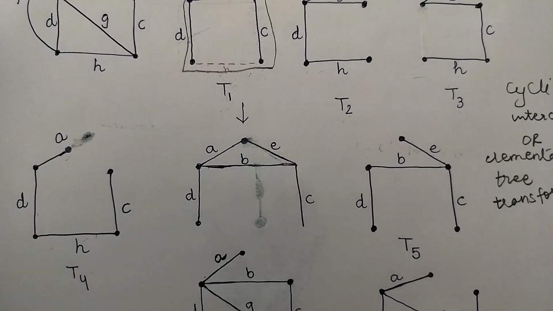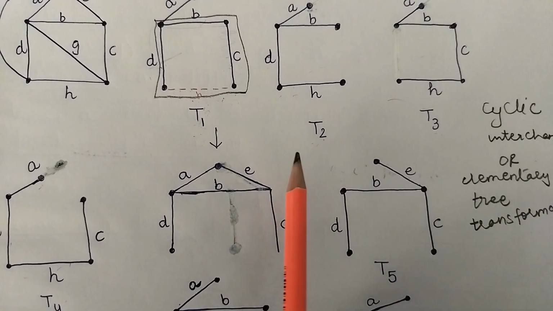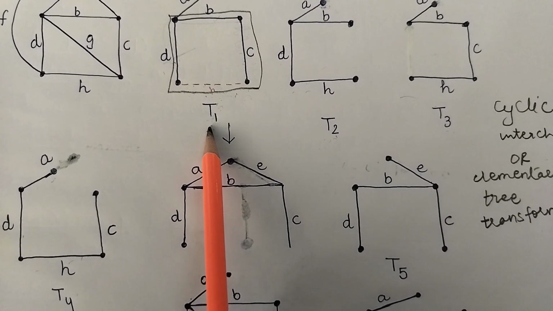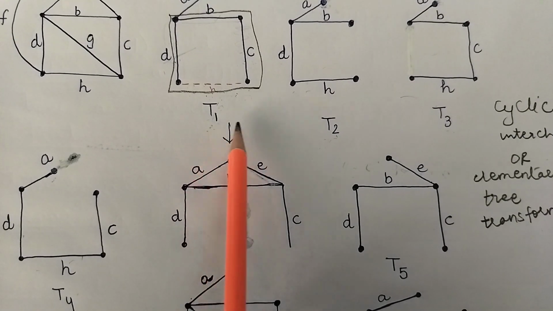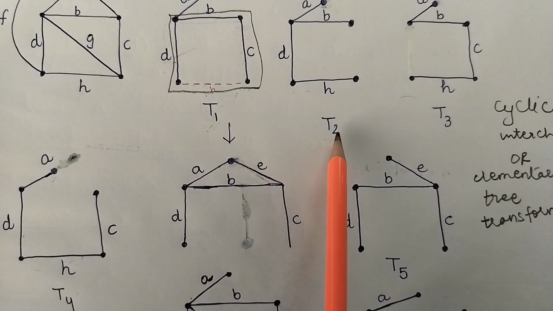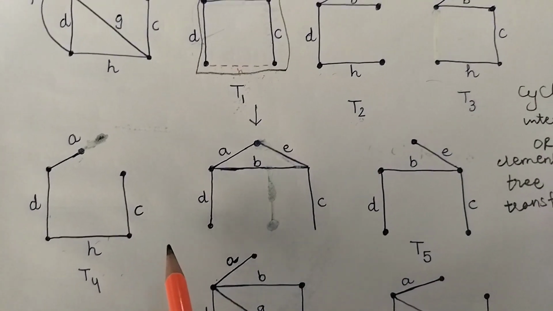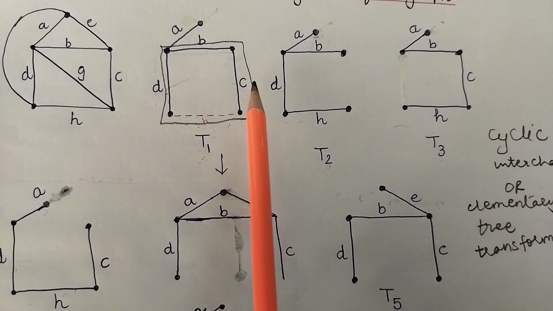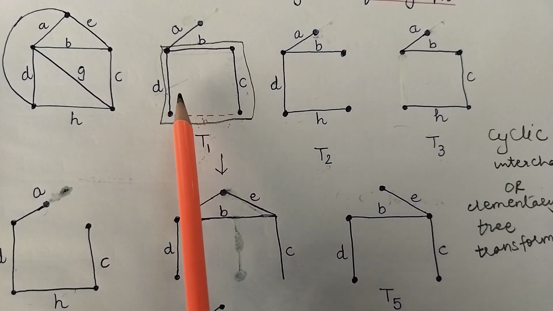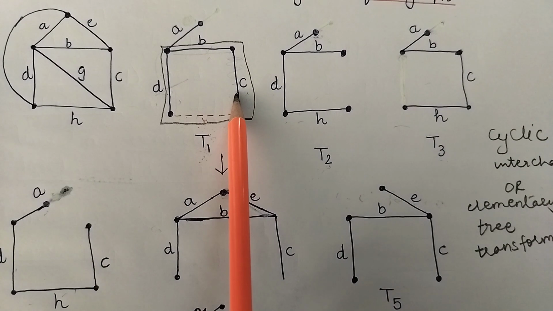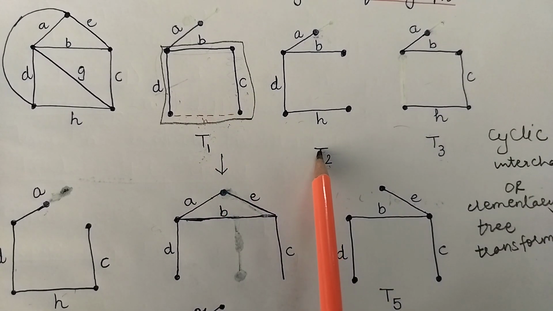Fine. Now, after generating these 3 trees, as you can see, I have generated 3 spanning trees from this one spanning tree. From the spanning tree T1, I have generated spanning tree T2, spanning tree T3 and spanning tree T4 just by removing branches C, D and B respectively. I removed branch C, I obtained spanning tree T2.